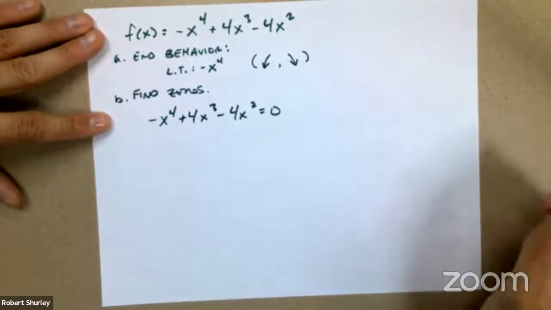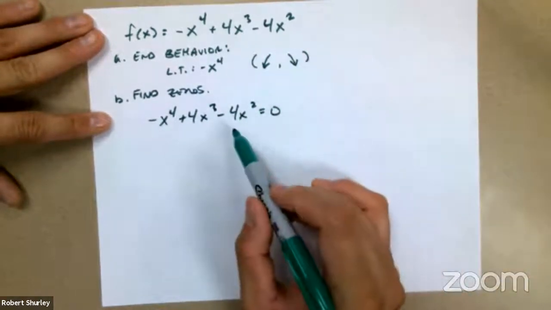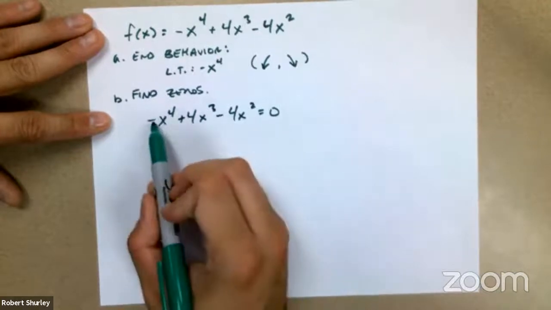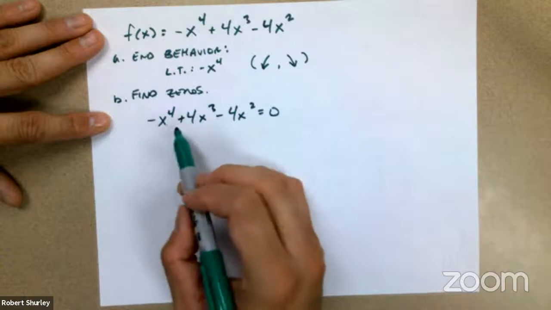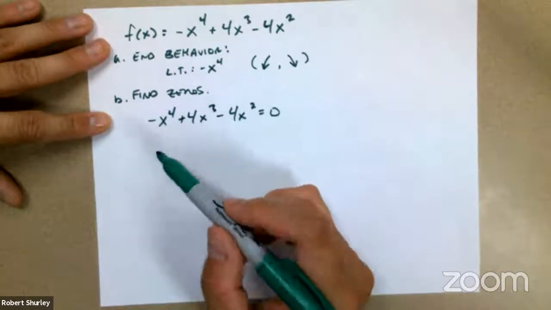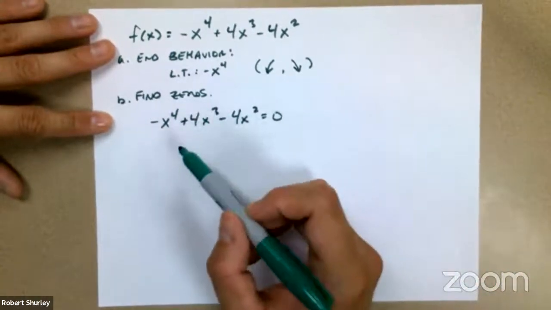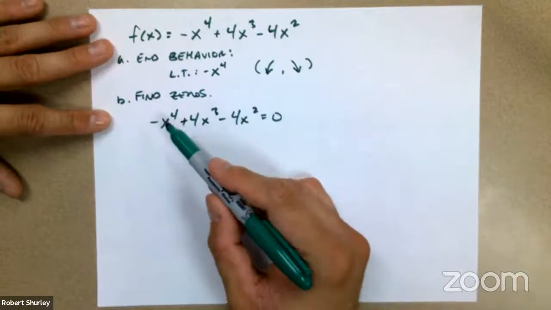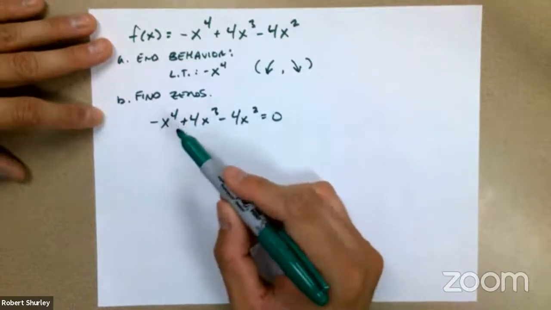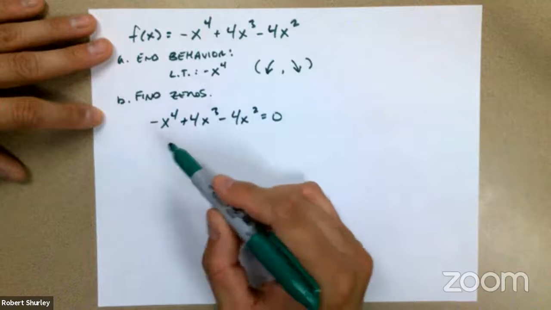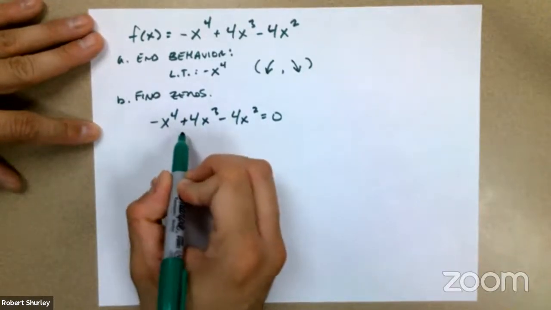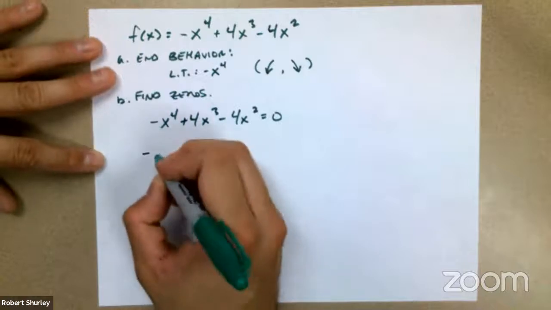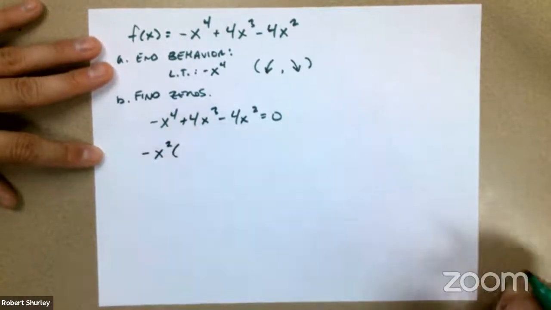And I'm going to factor it. Now look, to factor this one, I've got a negative out front, so I'm probably going to factor a negative out. But notice the first step in any factoring is to see if we can factor out a GCF. And we have at least an x squared in all of these terms. Because I want this first term to be positive, I'm going to factor out a negative x squared.